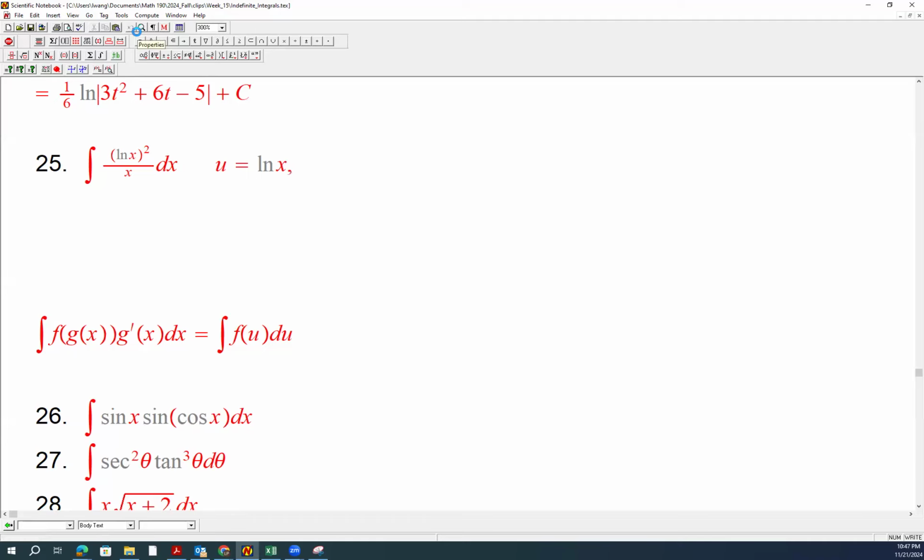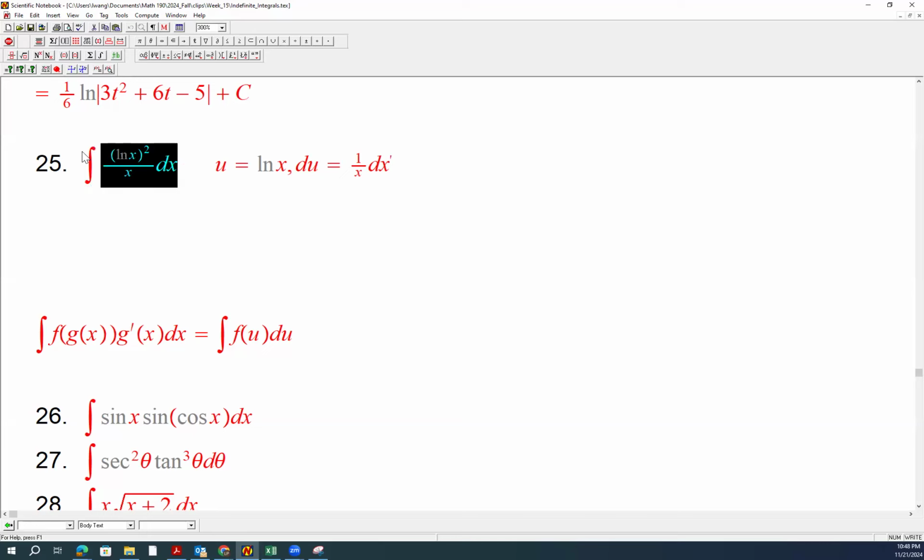So du equals 1/x dx. And we've got dx divided by x.